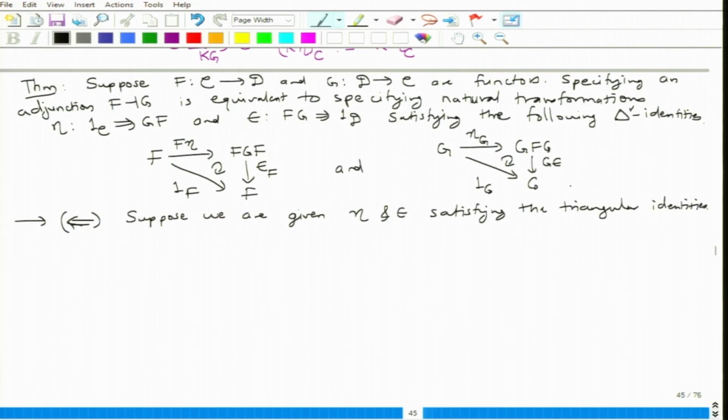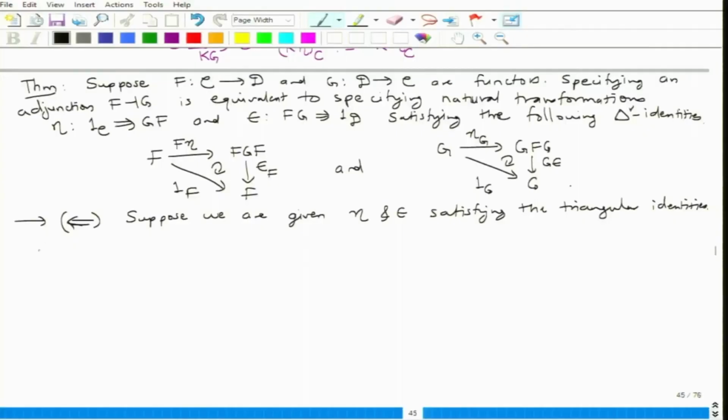Now, what do we need to do? We want to define an adjunction. What is the data of this adjunction? You are supposed to start with a morphism from FA to B and associate to it a morphism from A to GB. Okay, and that's a very easy process. Let's do this.